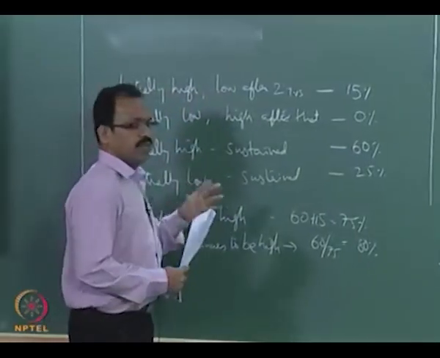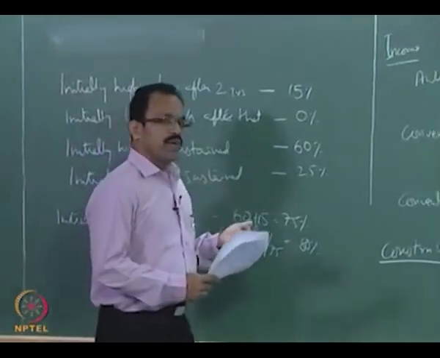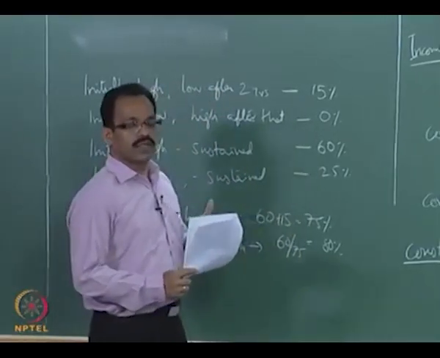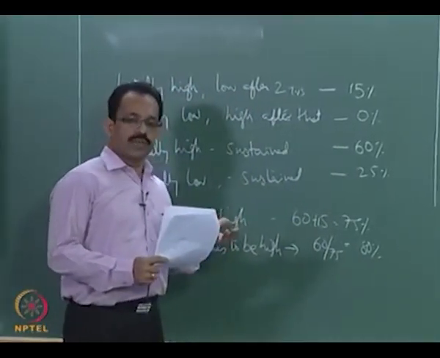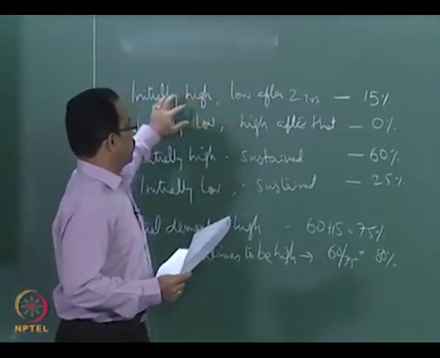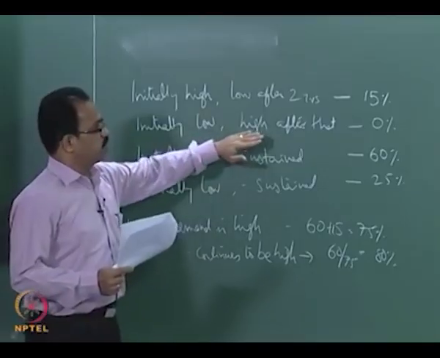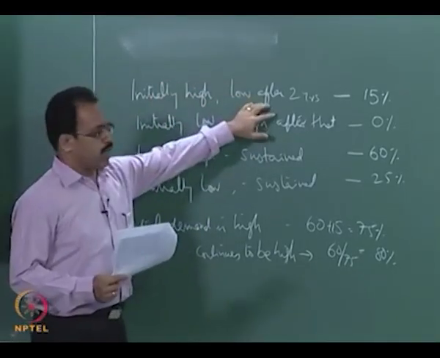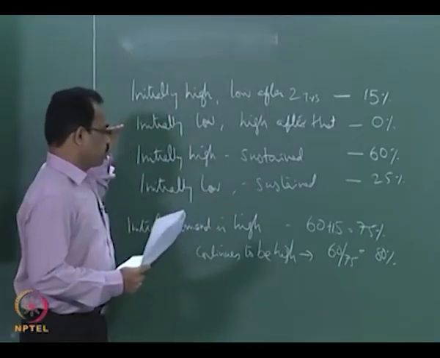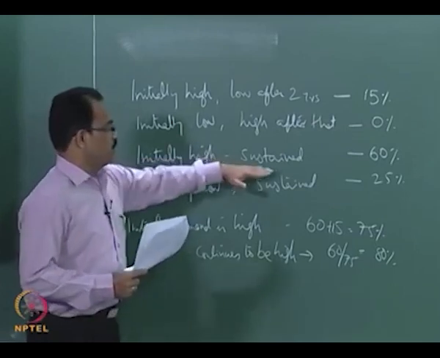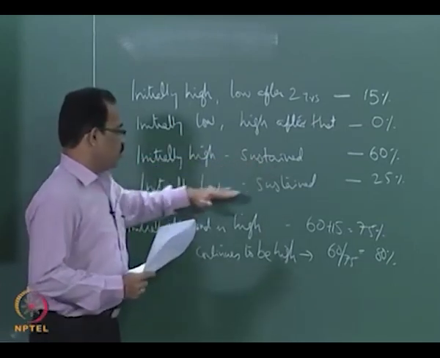So we have to make a decision whether to go for an automated plant or a conventional plant. If you start an automated plant, you can have continuously high demand for the product, or you can have high demand initially and then low demand. If you go for a conventional plant, again you have initially high demand which is sustained, and initially low demand which is sustained.